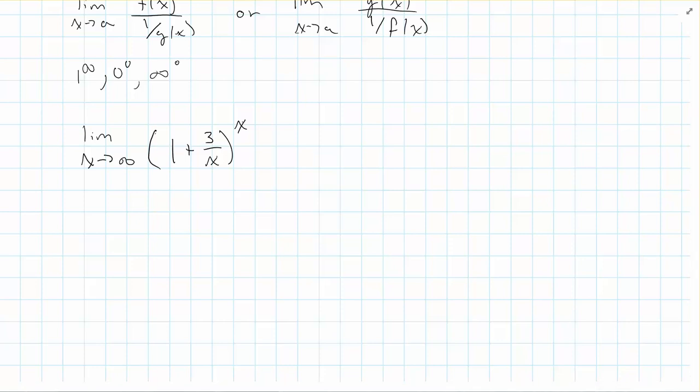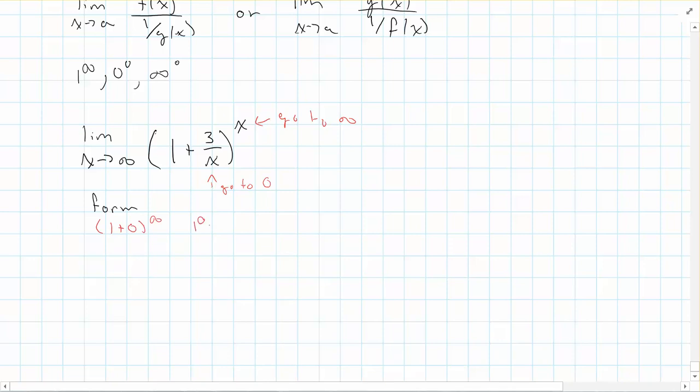If we look at the form, as x goes to infinity, 3 over x is going to go to 0, but the exponent x is just going to go to infinity. So the form would be 1 plus 0 to the infinity power, or 1 to the infinity power.